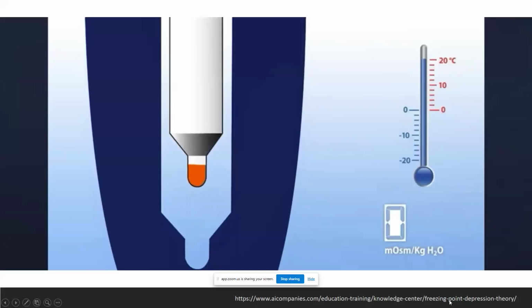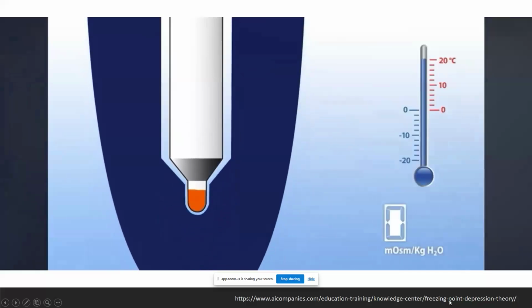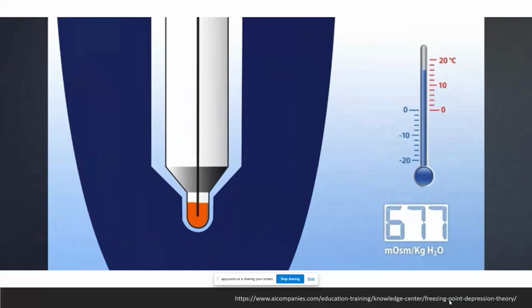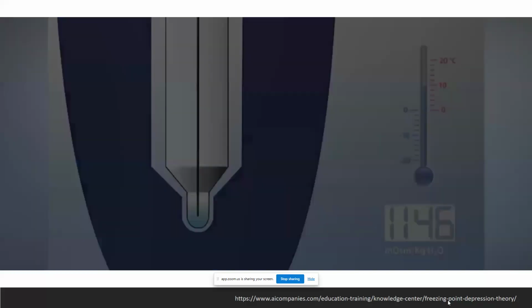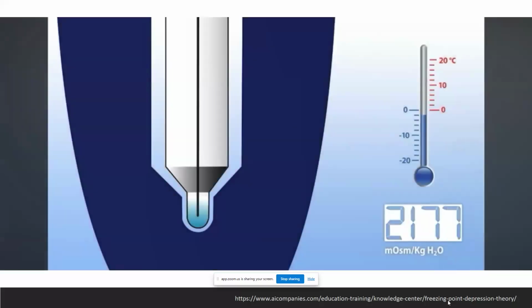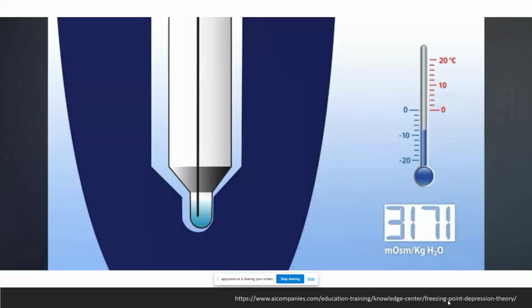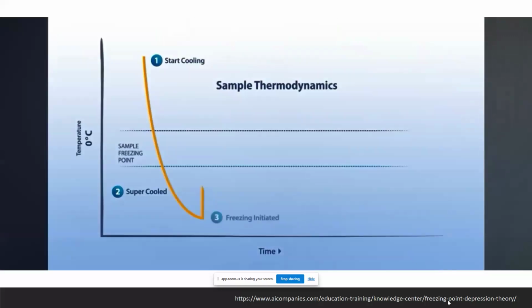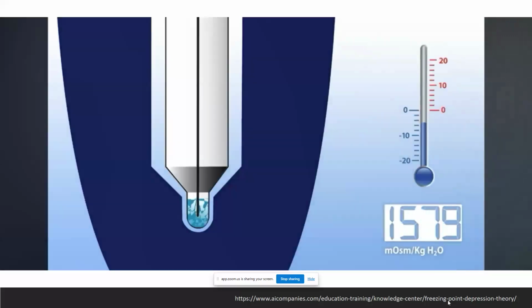Let's take a closer look at what happens inside the osmometer when a freezing point measurement is made. Once a sample is introduced in the cooling chamber, it is rapidly supercooled to a predetermined temperature below the expected sample freezing point. This rate of cooling is tightly controlled by the osmometer. While the sample is in the supercooled state, a physical shock called the freeze pulse is introduced to the sample. As a result, the sample becomes partially crystallized, forming an ice-water mixture surrounding the temperature probe.